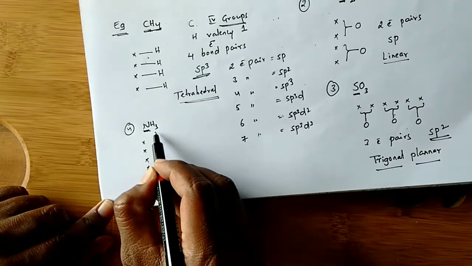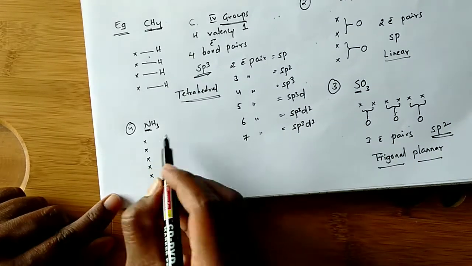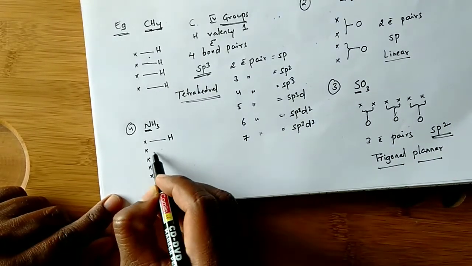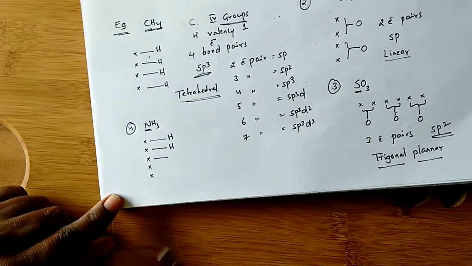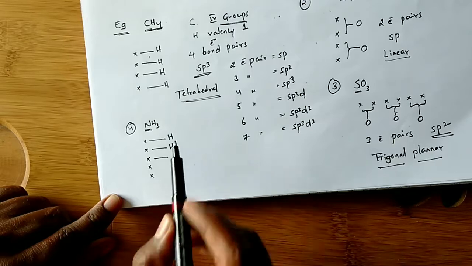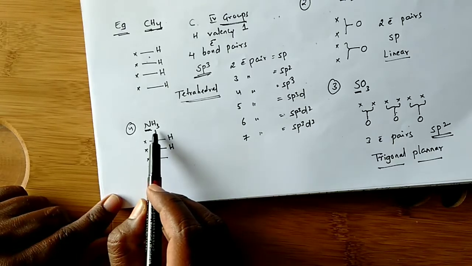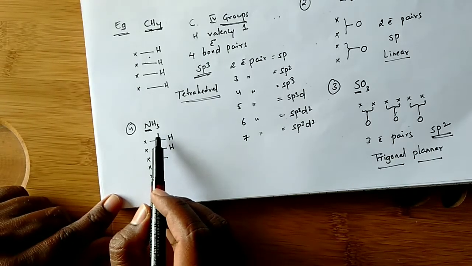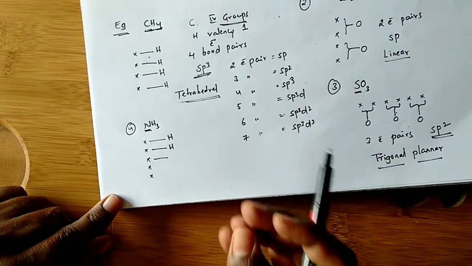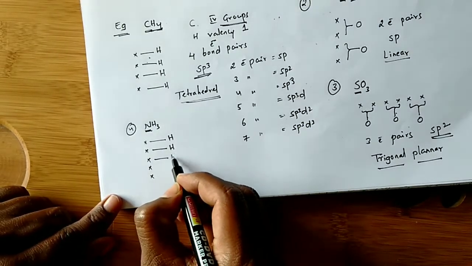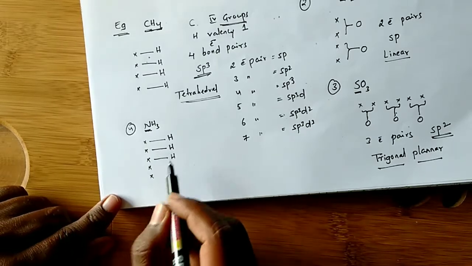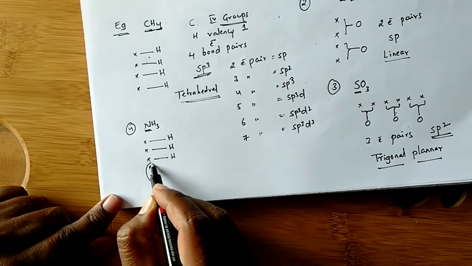The surrounding atoms are hydrogen atoms. Each hydrogen takes 1 electron because its valency is 1. Most often monovalent or bivalent atoms, with valency 1 or 2, are there as surrounding atoms. So here 3 hydrogens take 3 electrons for bond formation, and this is the lone pair.